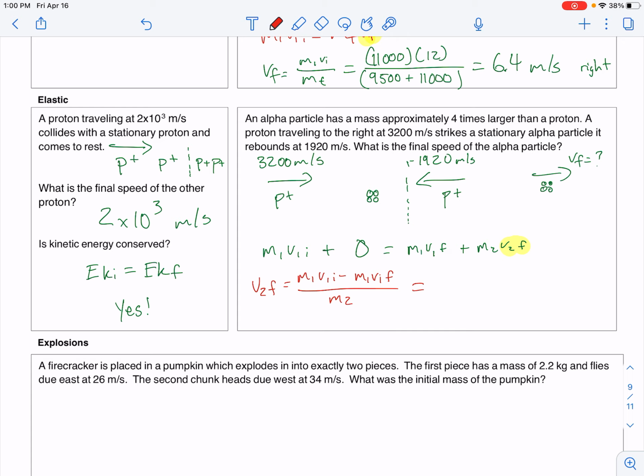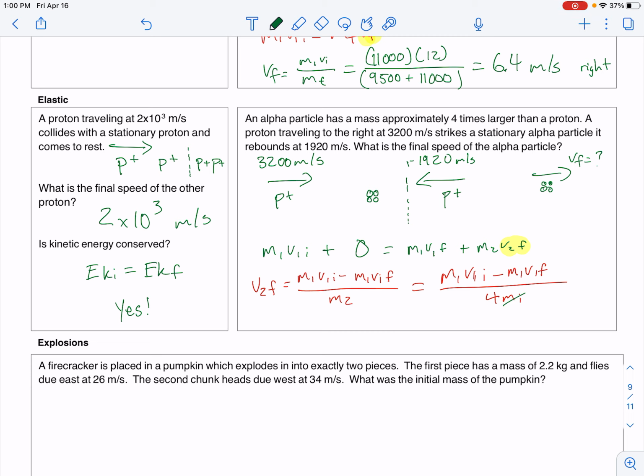A couple things here. I know that the mass of the alpha particle is 4 times my initial mass.